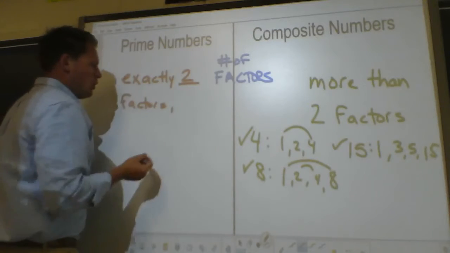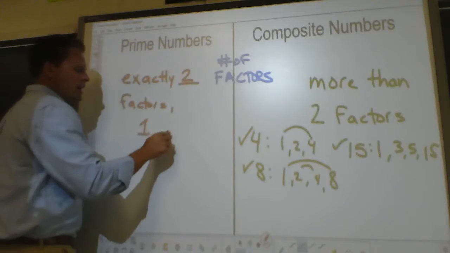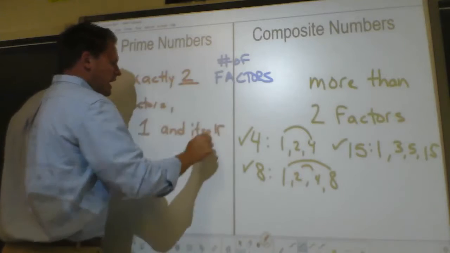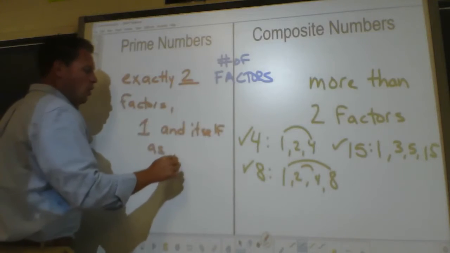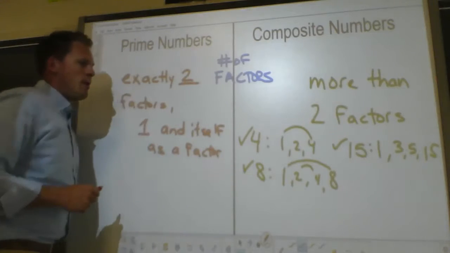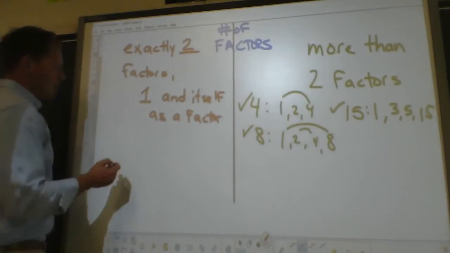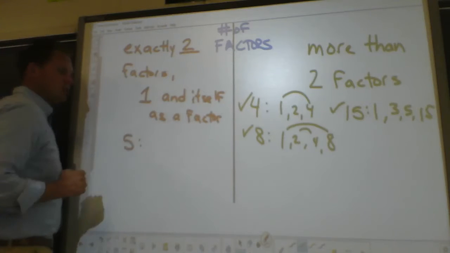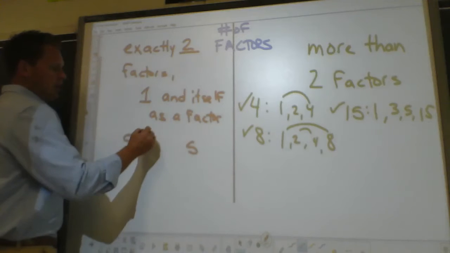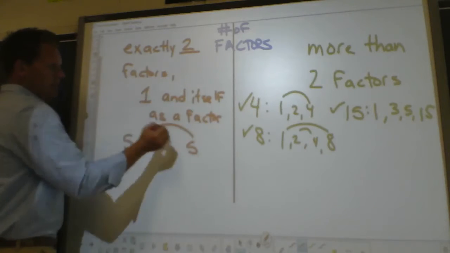Each prime number has 1 as a factor and itself as a factor, and only those 2 numbers. So let's try to come up with a prime number. Let's talk about 5. Let's do a factor rainbow for 5. 1 times 5. So look at that so far. 1 and 5. 1 and itself.